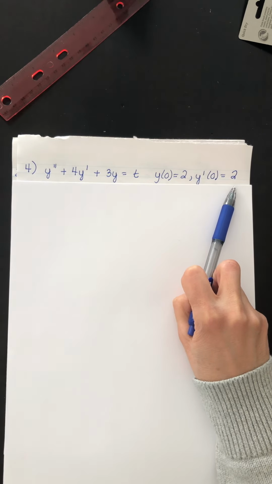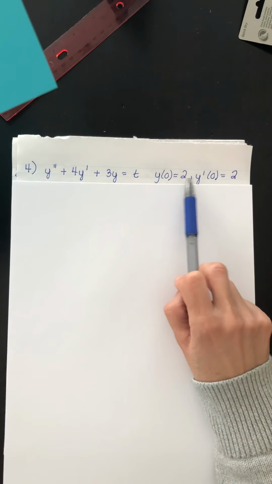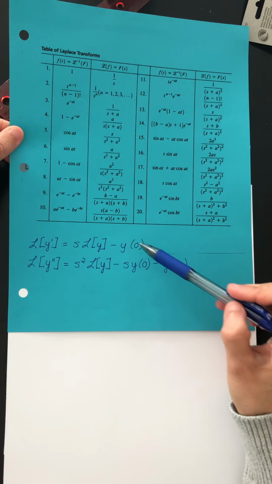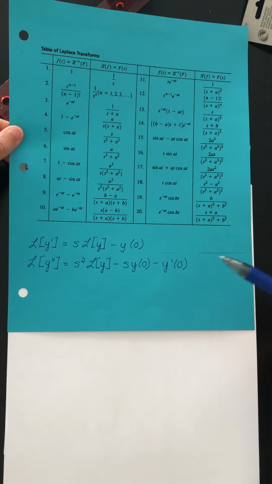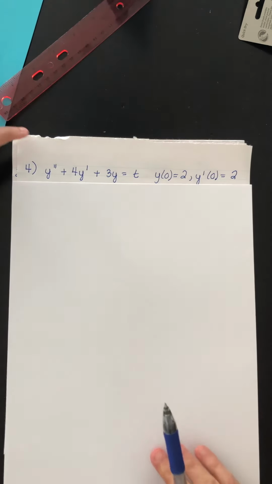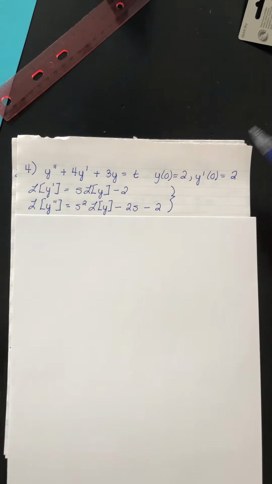First thing I'm going to do is use these values, which are both equal to 2, in these formulas. So we will have a 2 here, a 2 here, and a 2 here. And this is what we get, therefore, for the transform of both y prime and y double prime.